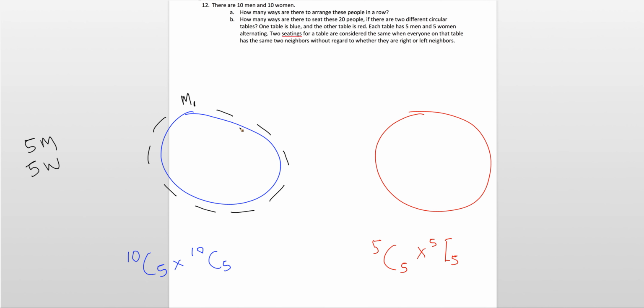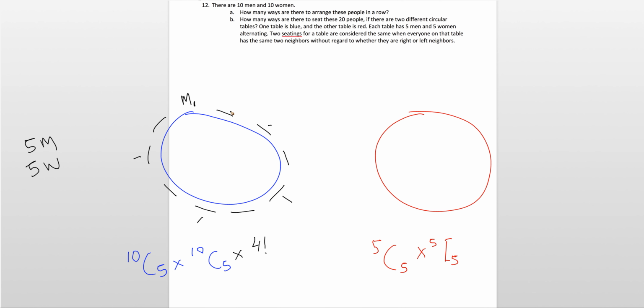Firstly, they have to be alternating, so this one also has to be a man, and so on. So there are 4 men left, and they have to occupy these positions. For the men, there are 4 factorial ways of putting them into the 4 seats with man 1 as a reference point.